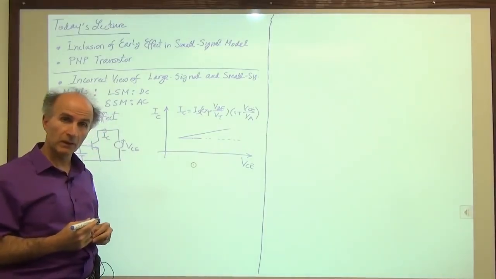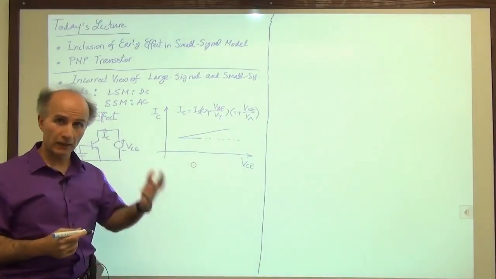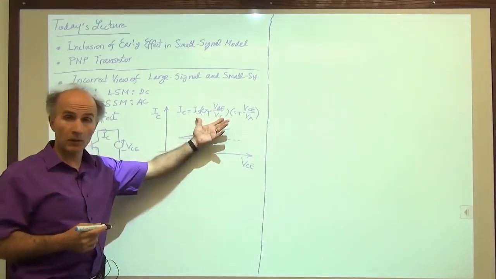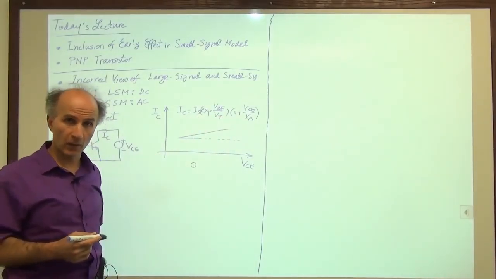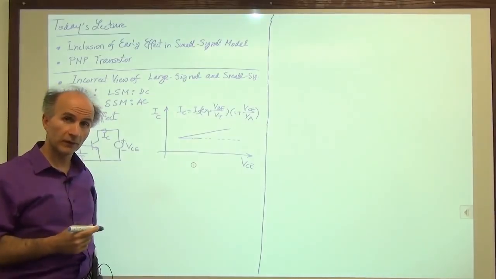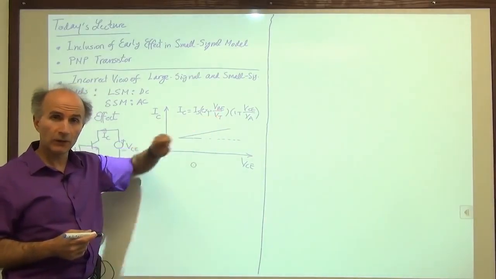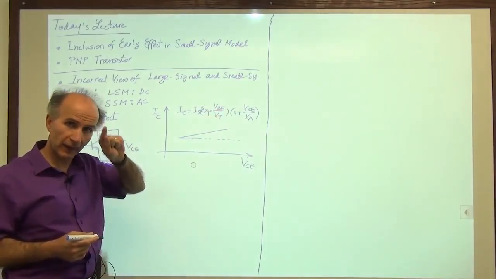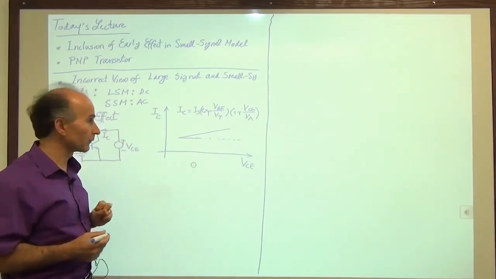But let's try to be more precise so that for any device whose large signal model is given, we can easily find the small signal model. Always remembering that there is a linearization involved. We have some sort of nonlinear characteristic, and we're looking at a small portion of that characteristic, and that portion is approximated by a straight line.